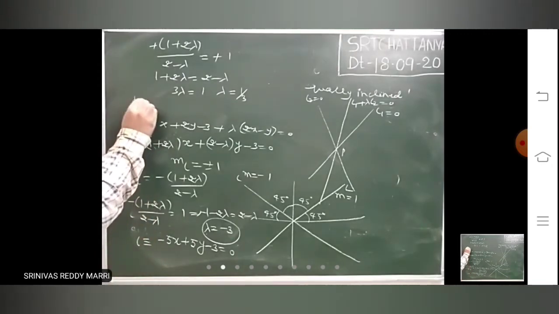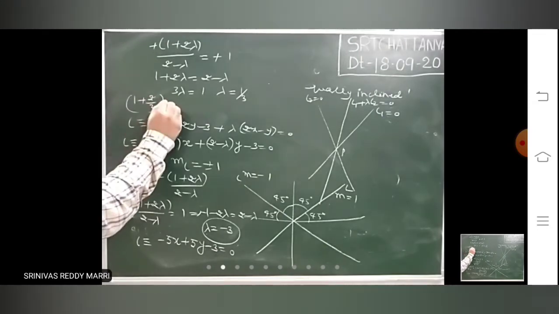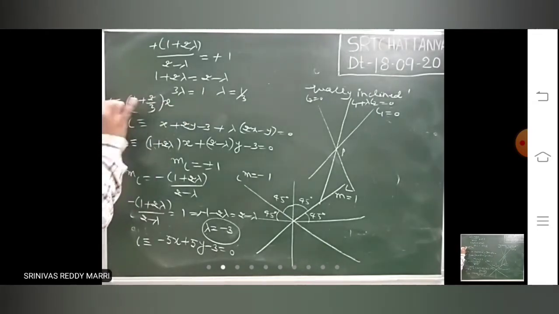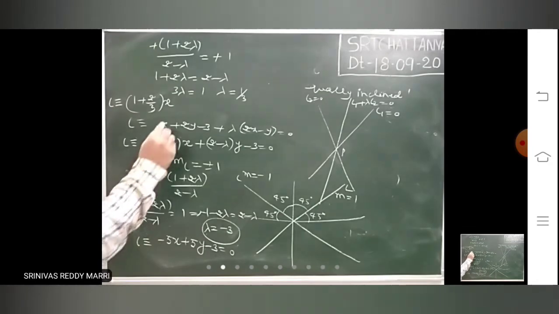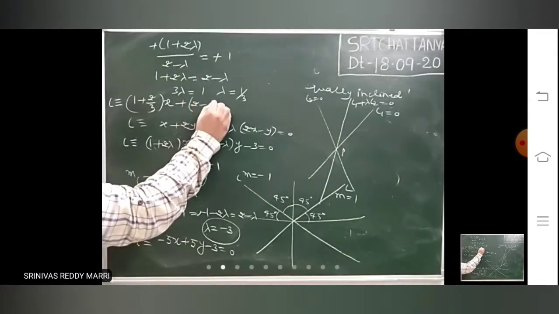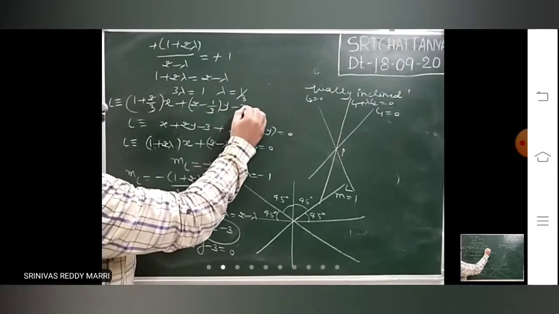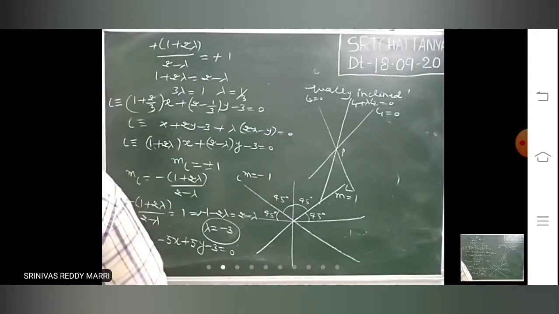Substitute here. Line L is nothing but (1 plus 2 by 3) into x plus (2 minus 1 by 3) into y minus 3 equal to 0.